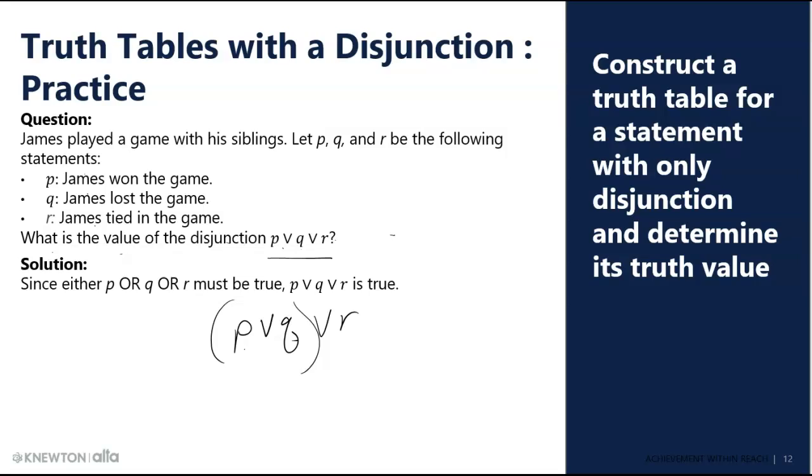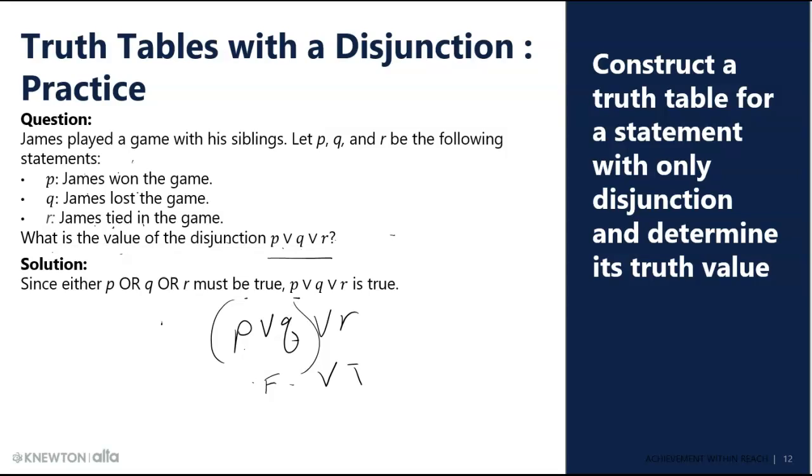P or Q. If either one of these is true, this stuff in the parentheses is true. So either James won the game or James lost the game, or James tied the game. Those are the only 3 possibilities that could happen when you play a game. So even if he tied the game and this comes out to a false, then the R is true and you end up with a false or true.